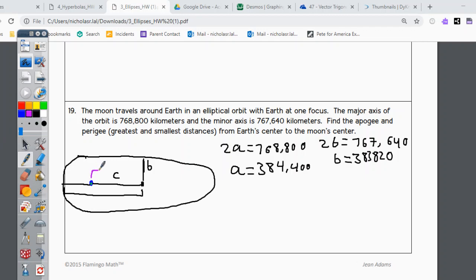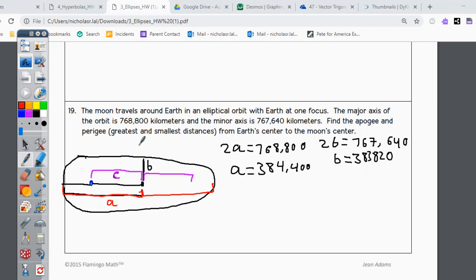The distance from the focus to the center is C, and the distance from the edge of the ellipse to the center is A. And this is true for the other focus and for the other semi-major axis.